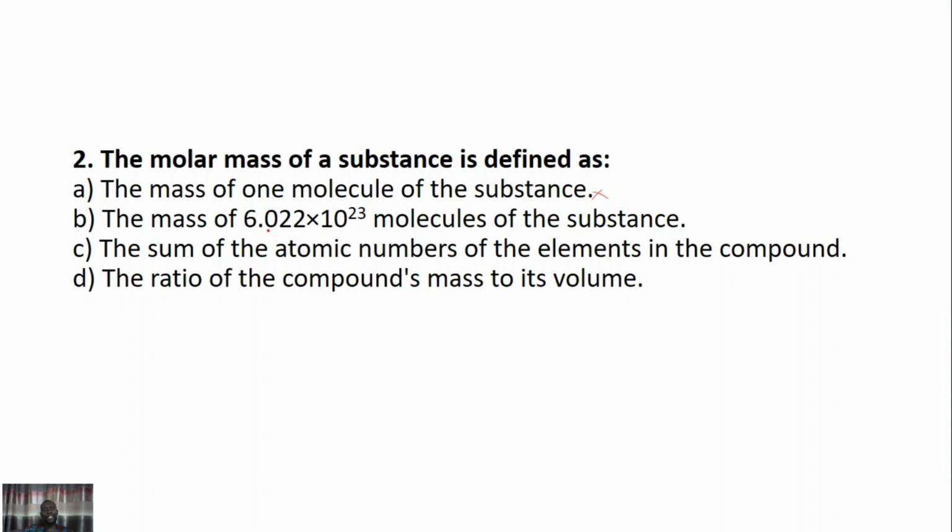We know that 6.022 times 10 raised to the power 23 molecules means 1 mole of this particular substance, right? So we can rephrase this statement as the mass of 1 mole of the substance, which is correct. C, the sum of the atomic numbers of the elements in the compound, this is not correct. And D, the ratio of the compound's mass to its volume, this is not correct. This will likely be the density of that substance. Okay, so the correct answer is B.